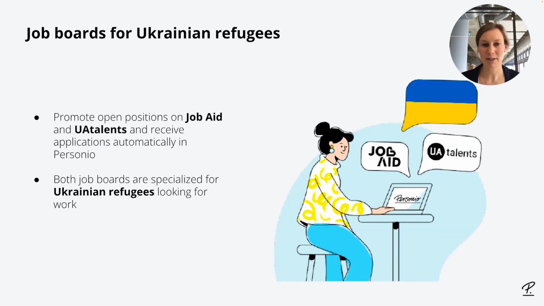The only three requirements for the companies offering those positions are: the position is ideally and specifically open for refugees, so that you have thought of it, for example offering a bit of flexibility and support from the company; refugees should be legally able to work in the position that you're posting; and the job description must be written in English, Ukrainian, or Russian.